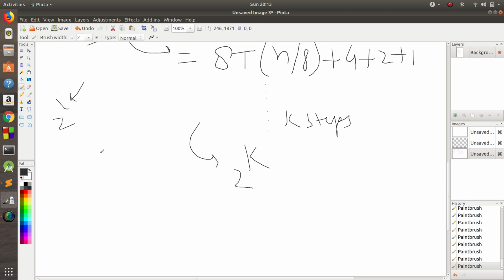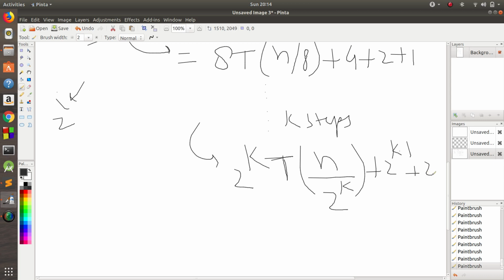So after k steps, this would be my recurrence function: 2^k T(n/2^k) + 2^(k-1) + 2^(k-2) + ... + 4 + 2 + 1.